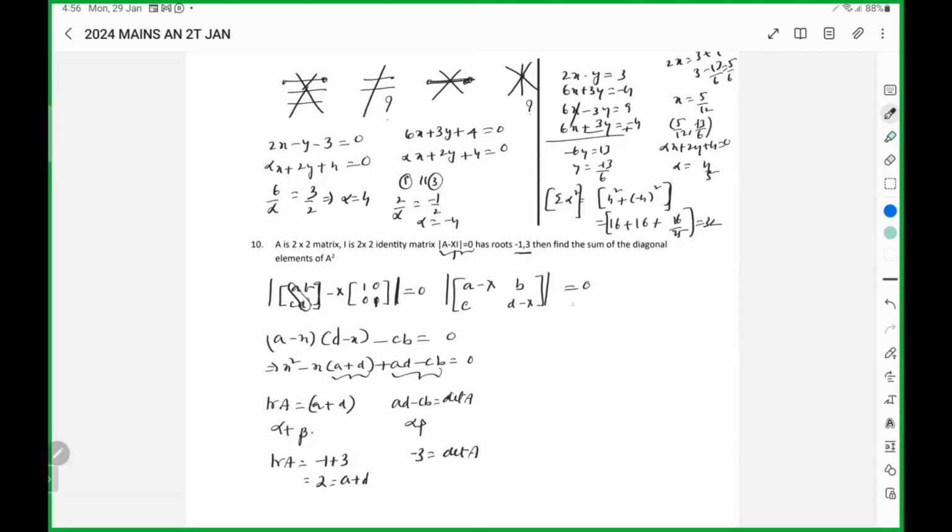After that, then sum of diagonal elements of A square. That means what he is asking, A, B, C, D. This is A square plus BC, B plus BD.